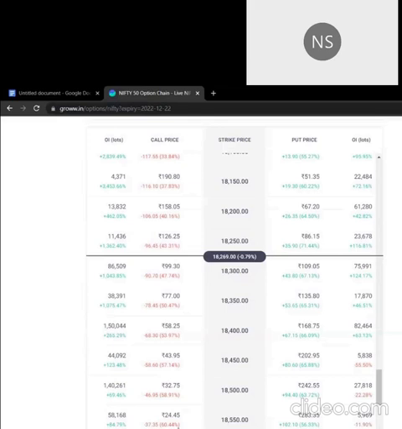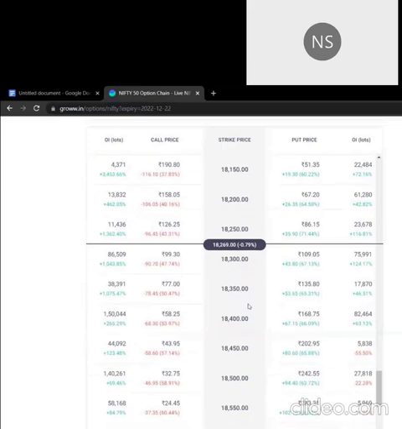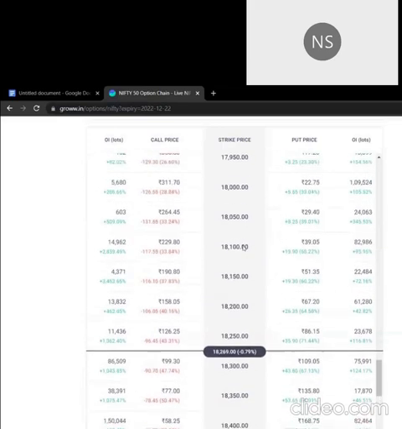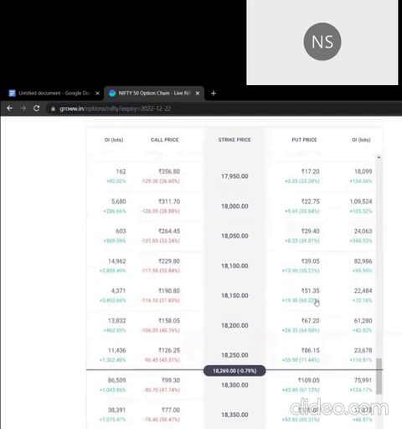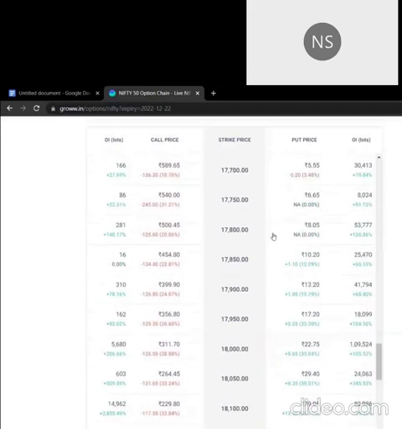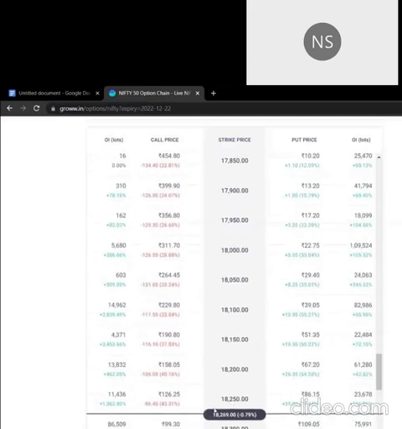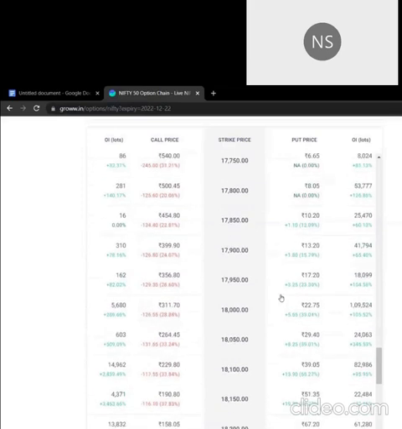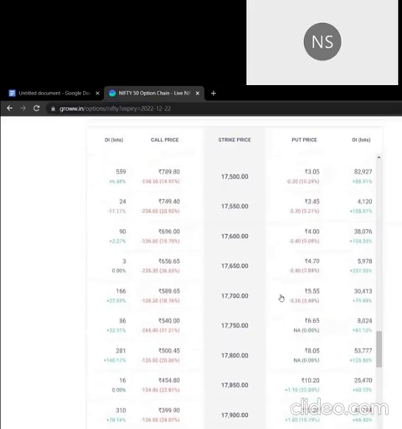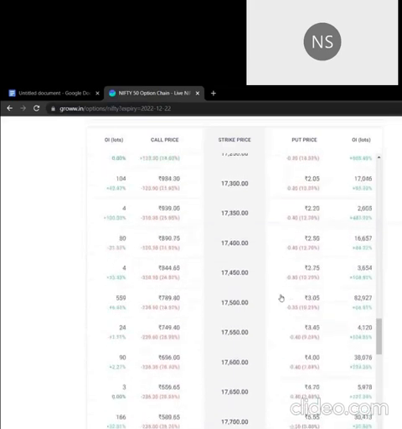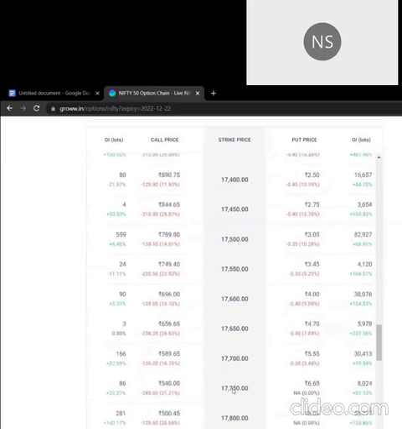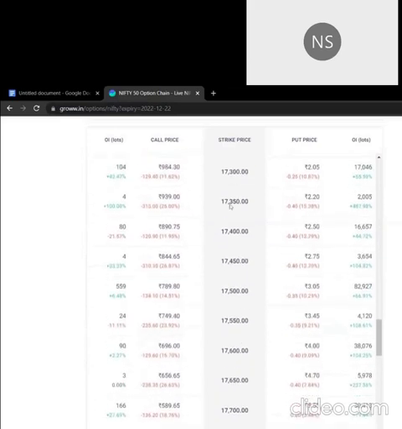So the value of these call options decays as well and comes as close to zero, like it goes to about 0.05 rupees. And we can even confirm this theory of ours by seeing that as we go away from the market value, the price of the options decreases, because no one expects the market to go down that much.